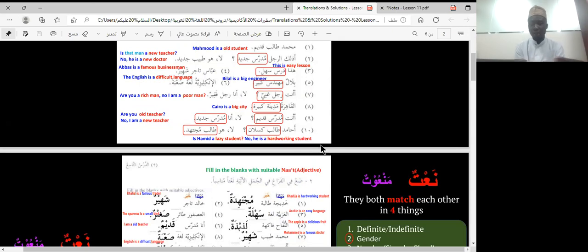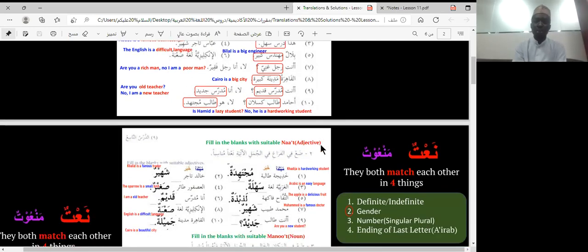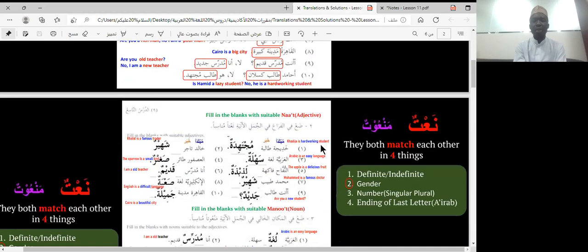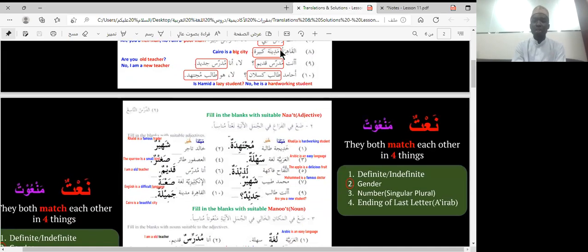They both are masculine, both having dhammatan, both singular, and both indefinite. So we have muhandisun kabirun, a big engineer. Bilalun muhandisun kabirun. Rajulun ganiyun, a rich man. Madinatun kabiratun, a big city. Al-Qahira, Cairo, madinatun kabiratun, is a big city.